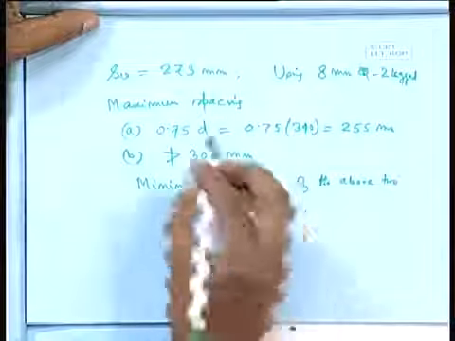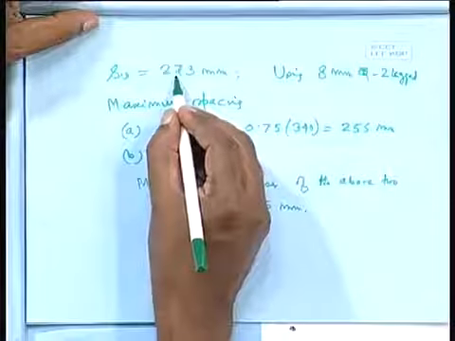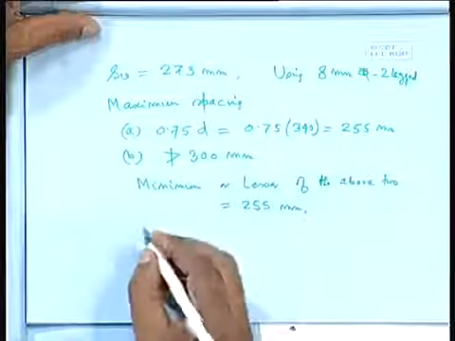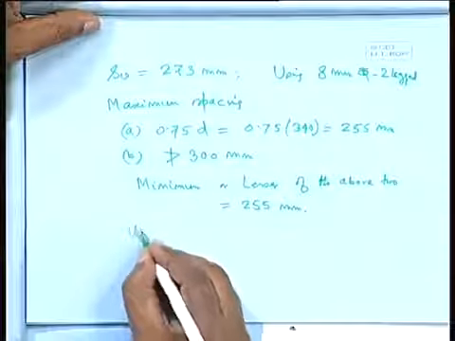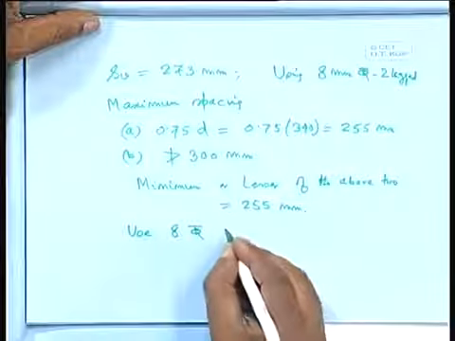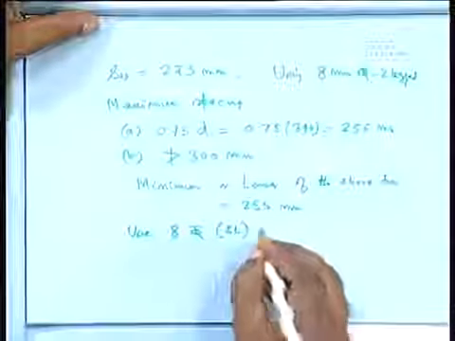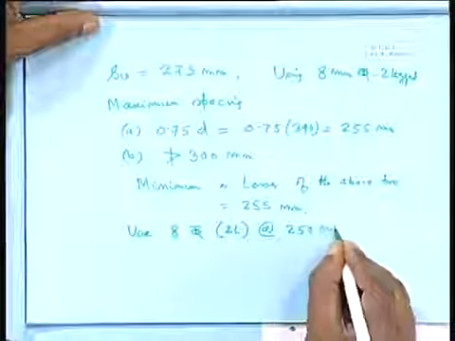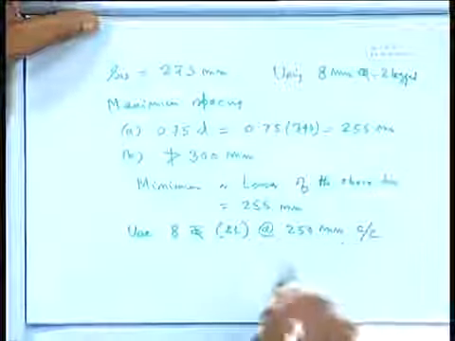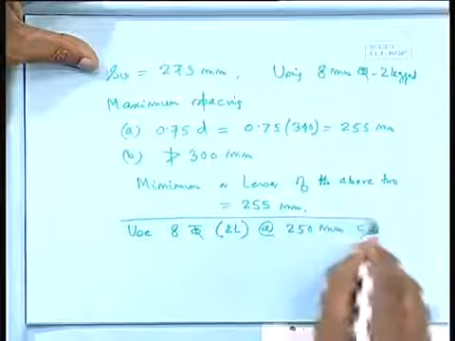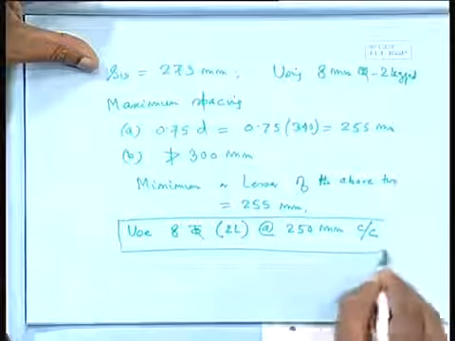Though the maximum spacing is 273 here, 255 here, and 300 here, we can specify 8 Tor two-legged at the rate of 250 millimeter center to center. Okay. So, this is the one that we are providing.